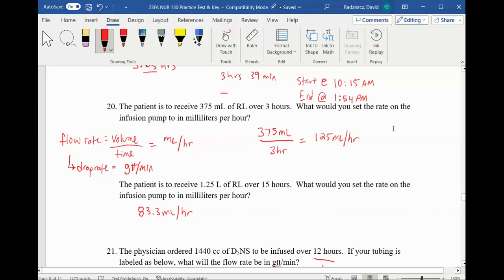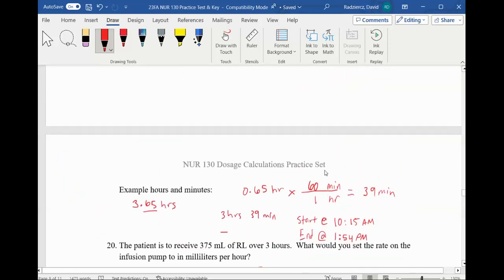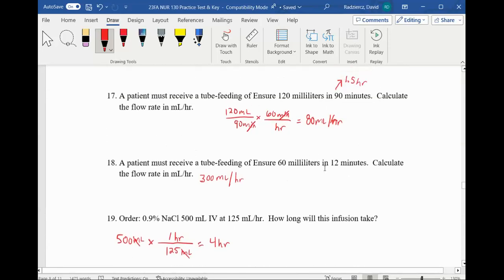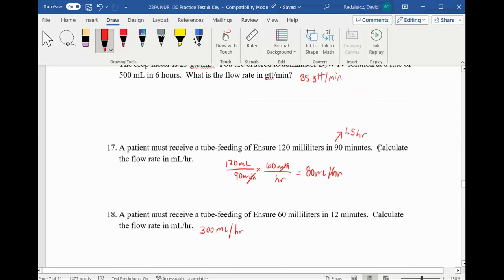So let's look at another version where we're going to look at what if it gives it to me in minutes. If they give us a time in minutes, you need to recall how to convert minutes to hours. In this example, number 17, a patient must receive a tube feeding of Ensure 120 milliliters in 90 minutes.